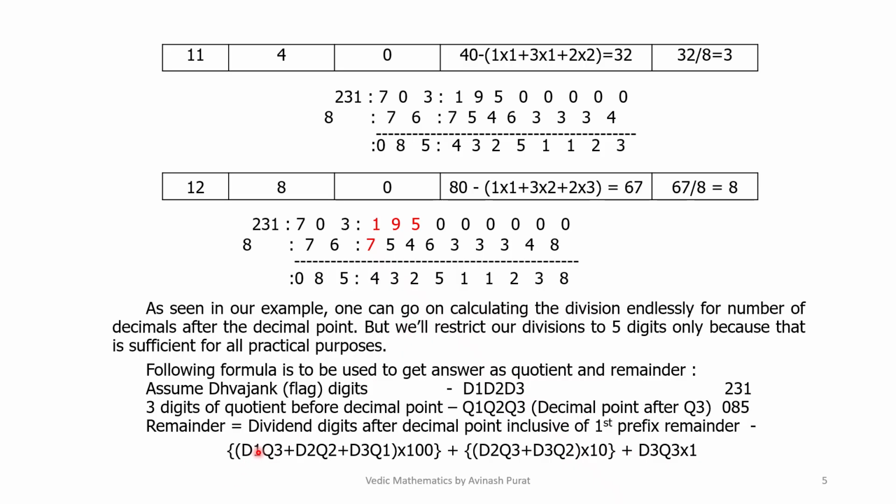Now D1 into Q3 plus D2 into Q2 plus D3 into Q1, that is multiplied by 100, plus D2 into Q3 plus D3 into Q2 multiplied by 10 plus D3 into Q3, that is multiplied by 1.